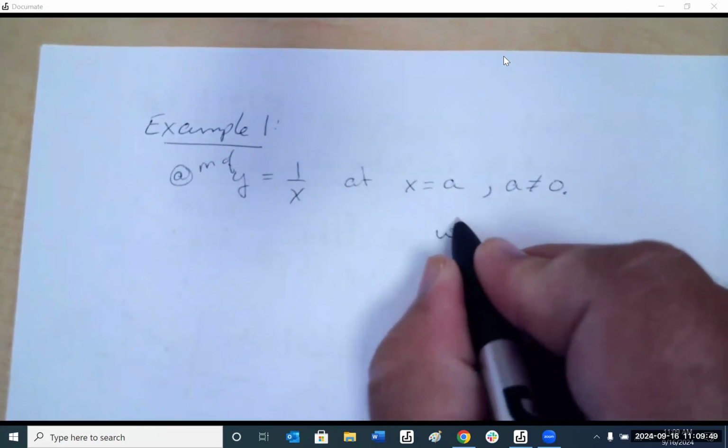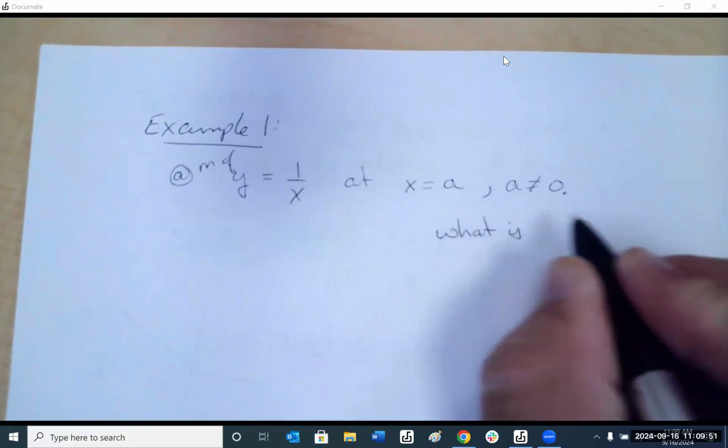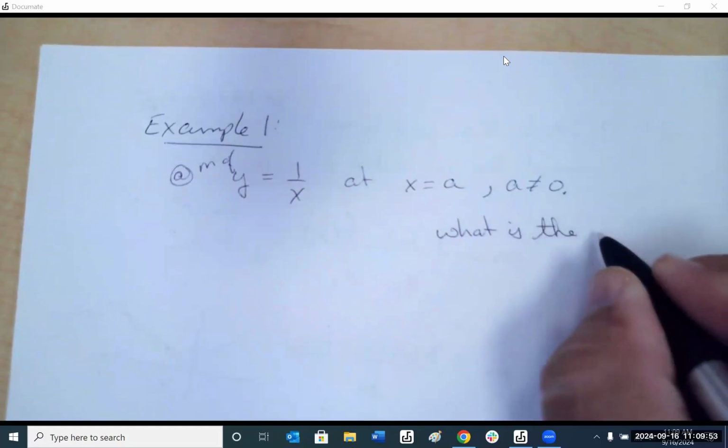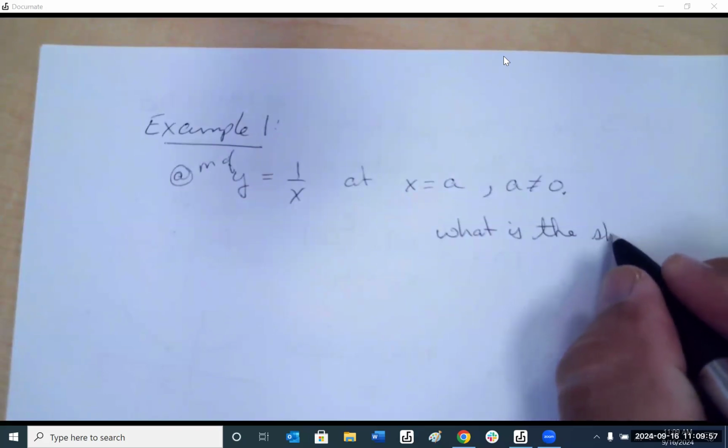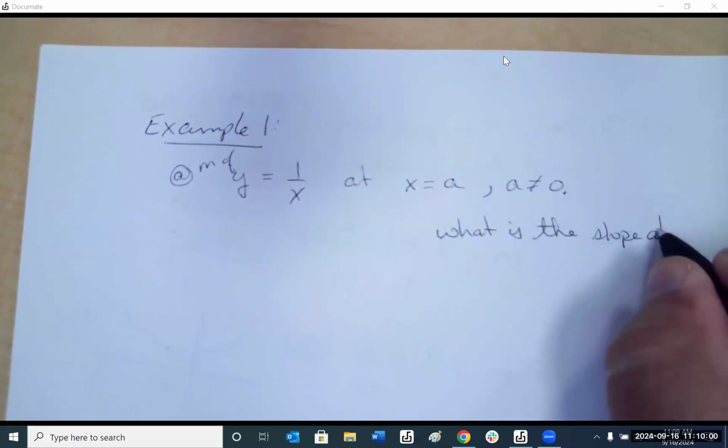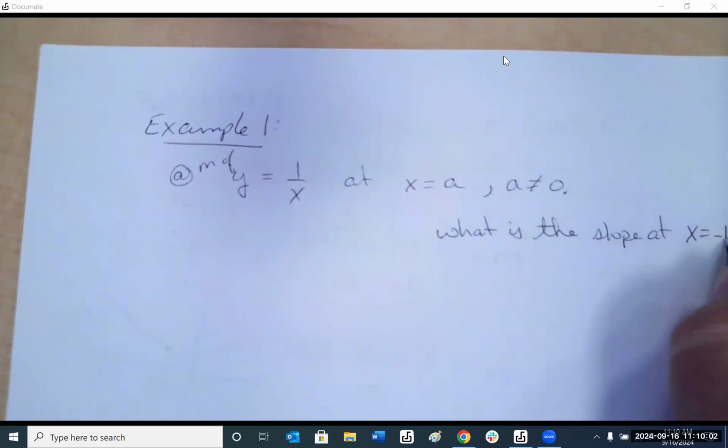And then what is the slope at x equals -1?